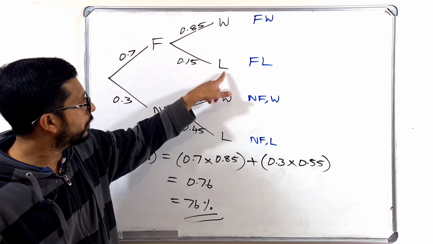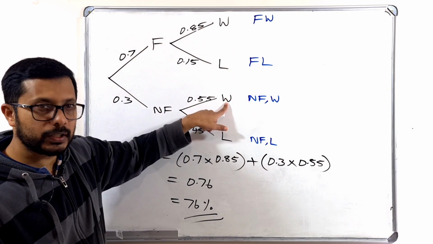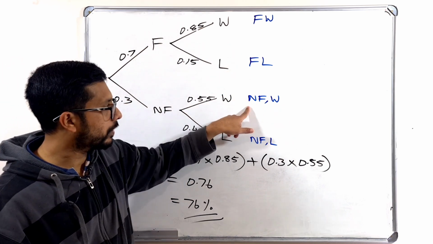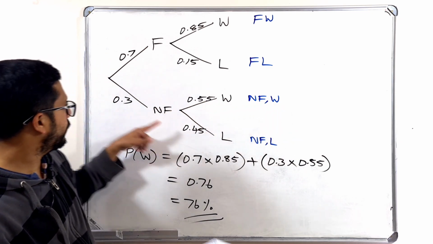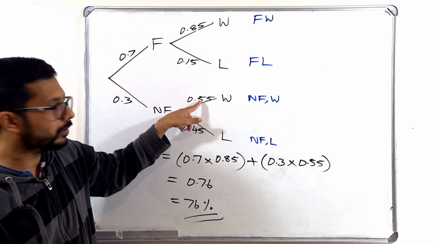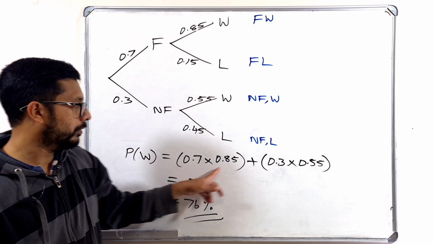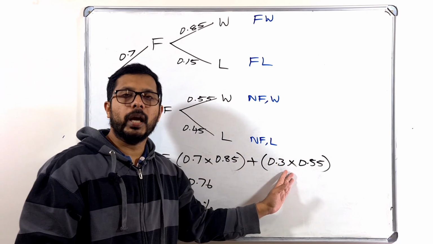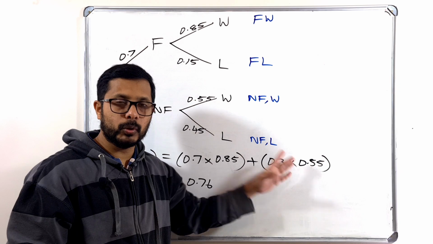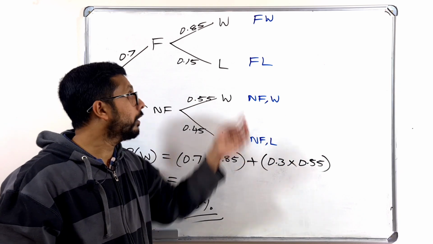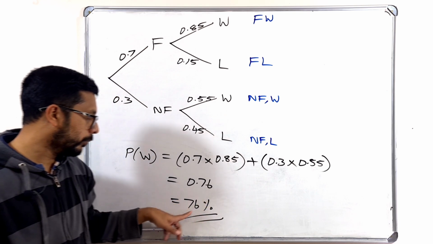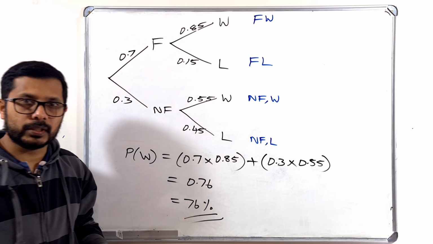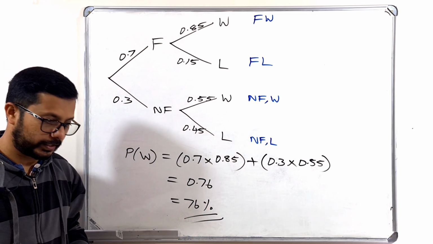The other wins are lose. Then the win is this one, not fit and win. That means 0.3 times 0.55. Then you have to add both possibilities. This possibility plus this possibility, then the total is 76% to win that match.